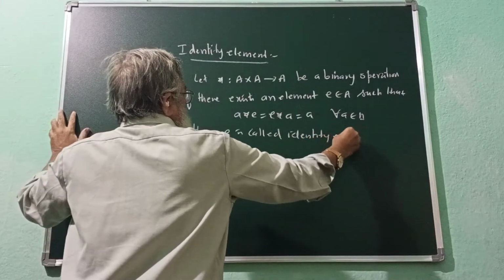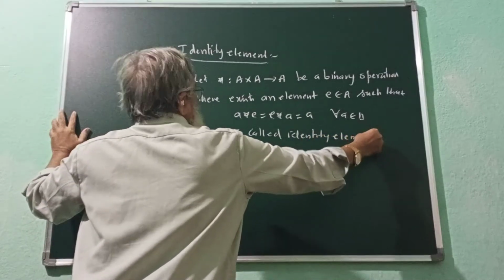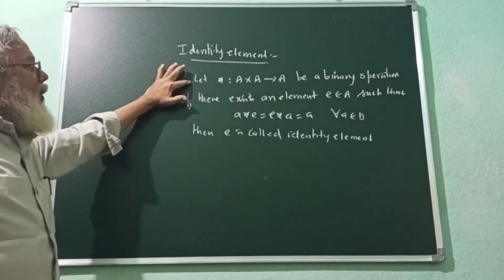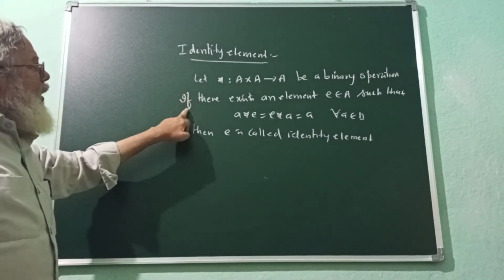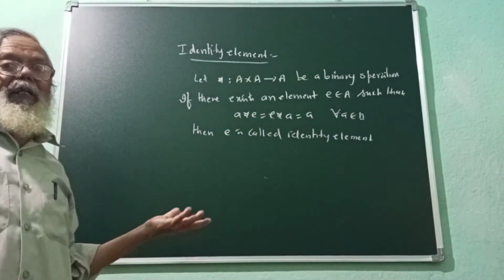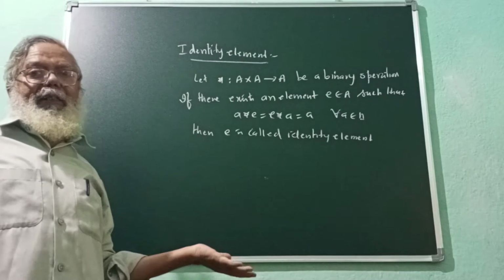Now see here. If you read this carefully, for a binary operation star, the word is "if there exists an element", which means it is not necessary that an identity element must always exist.